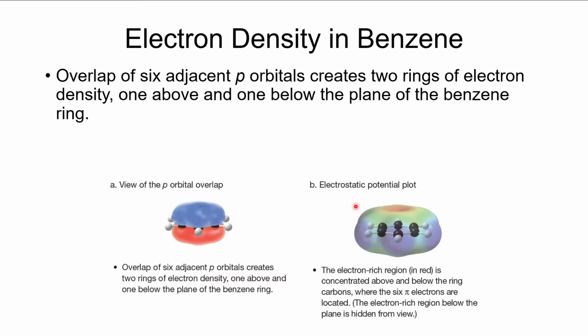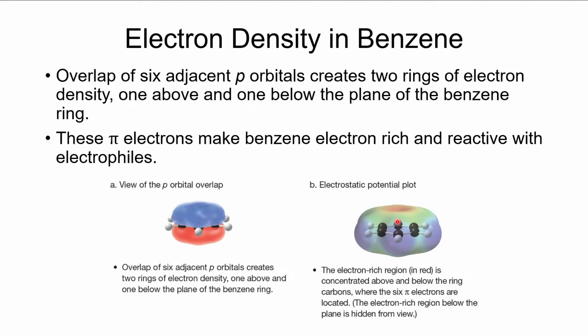And if we look at the electron density, we'll find that most of the electron density, or at least the higher electron density, is on the top and on the bottom of the molecule, with relatively low electron density at the hydrogens. That means that technically there is a partial positive charge on these hydrogens and a partial negative charge on the carbons. Now, it is a small charge, but it is there.